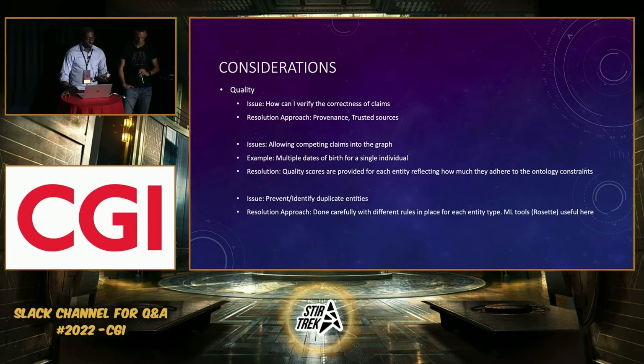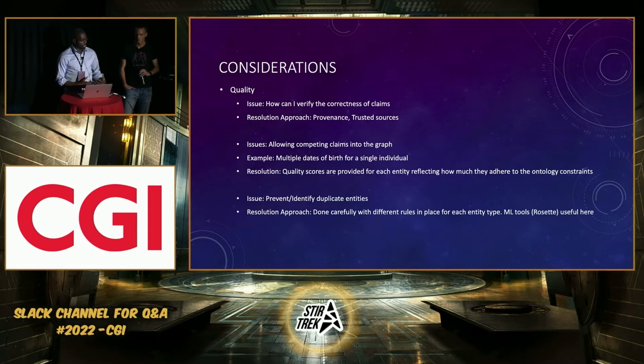What that does is make it available for us to see how much the data about this entity adheres to the constraints within the ontology, right? So within the ontology, it indicates that a person, expectedly, would have one date of birth. And if a person has none or more than one, then it begins to affect the quality scoring for that entity. Because if this was a non-controversial or well-known fact, then there will be one verified date of birth for that individual.